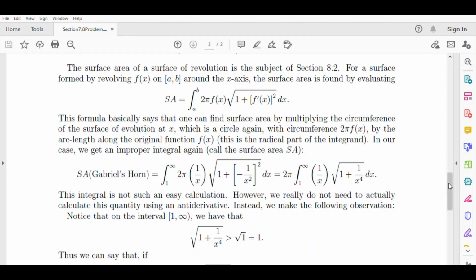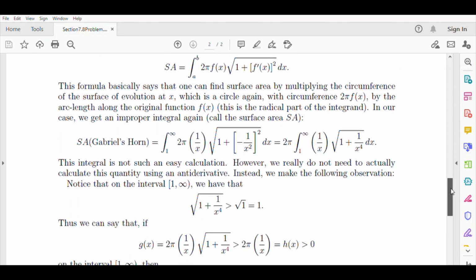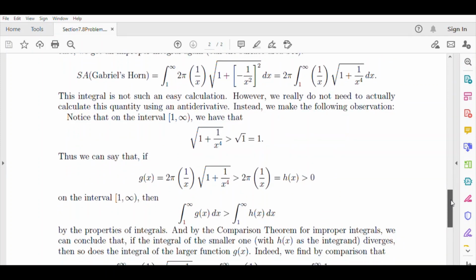Now to calculate this, let us apply the comparison test. Here square root of 1 plus 1 by x power 4 is greater than root over 1, which is actually 1.